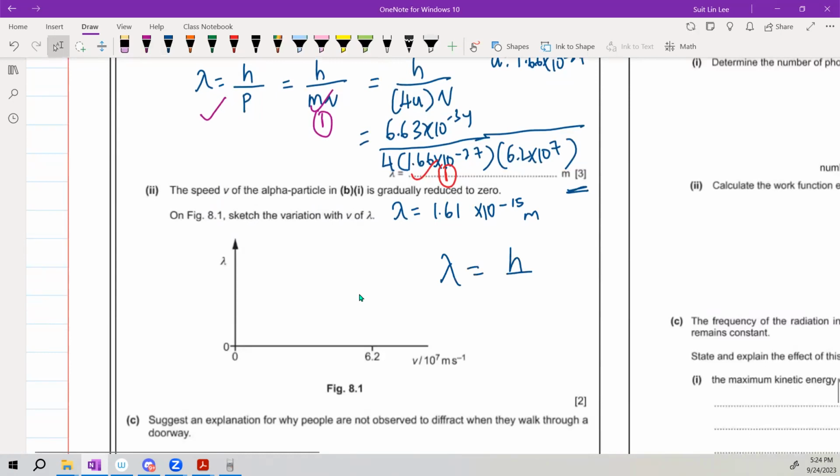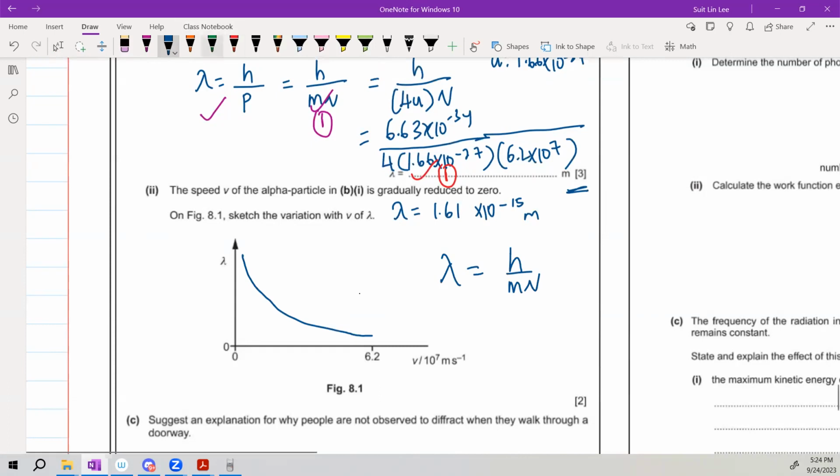Lambda is h over mv. So it looks like it's inversely proportional, right? And the lambda is very, very short here. So it's probably going to look like this. Of course, we have the whole asymptote situation going on. So let's draw something like that. Can't be exact, it's a sketch.